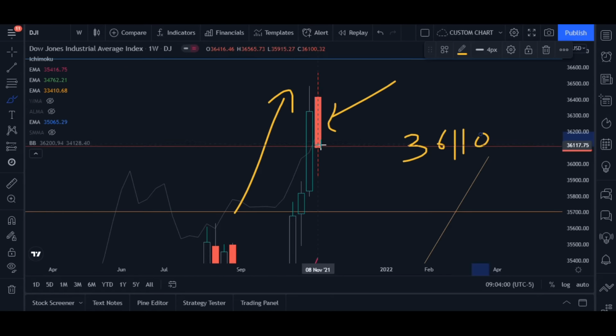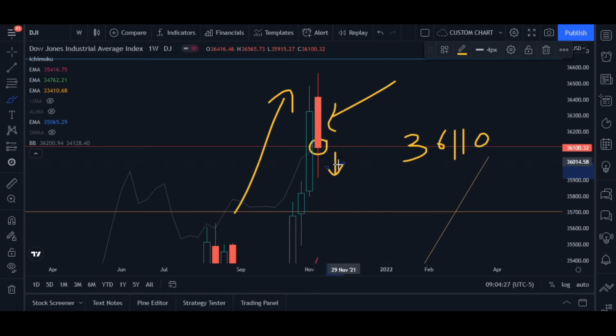So 5 or 10 points are nothing. The market still can retrace. So this is the point of concern. We exactly do not know whether the market is going to come down or move up. But if we follow this particular support or resistance, in this case it is resistance, then the market is expected to come down.